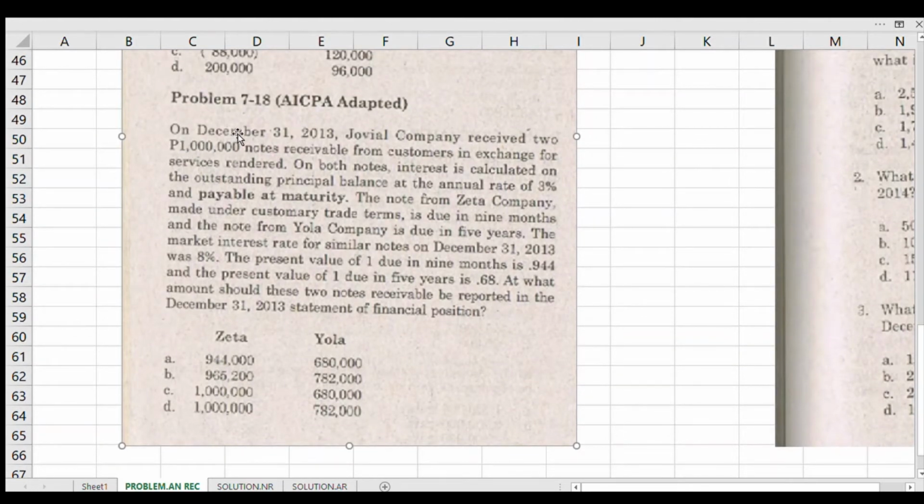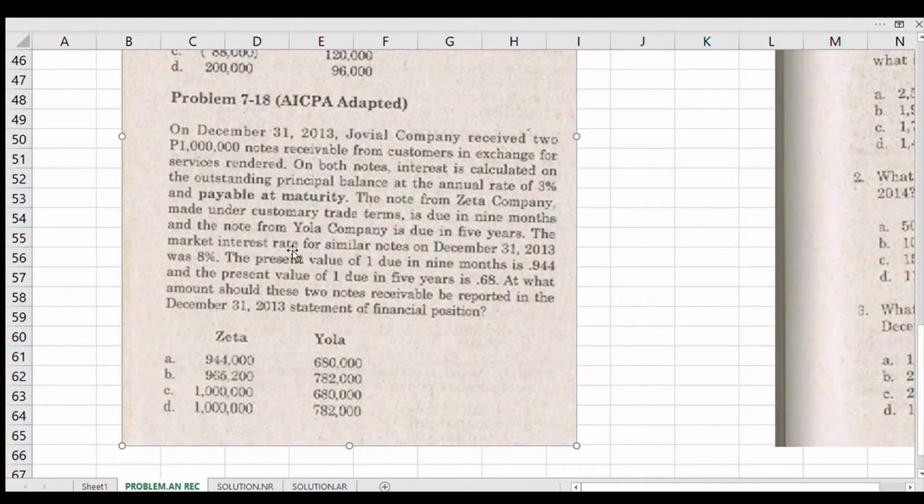On December 31, 2013, Robial Company received 1 million notes receivable from customers in exchange for services rendered. On both notes, interest is calculated on the outstanding principal balance at the annual rate of 3% and payable at maturity. The note from Zeta Company, made under customary trade terms, is due in 9 months, and the note from Yola Company is due in 5 years.